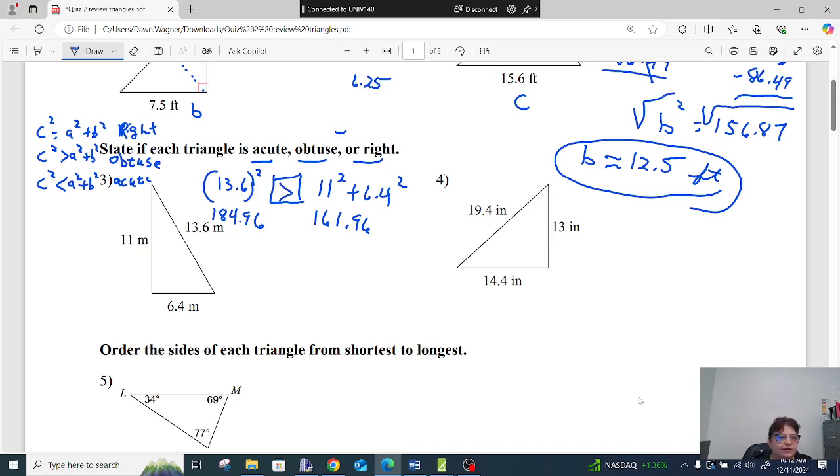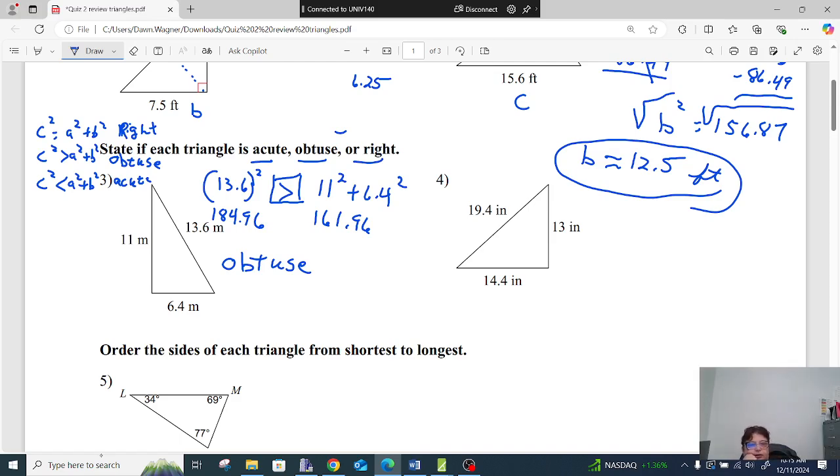So which one would it be? This is obtuse. So that means this angle is going to be larger than 90 degrees. It could be like 92 degrees or 95 degrees. It may look close to 90, but it's going to be off a little bit.